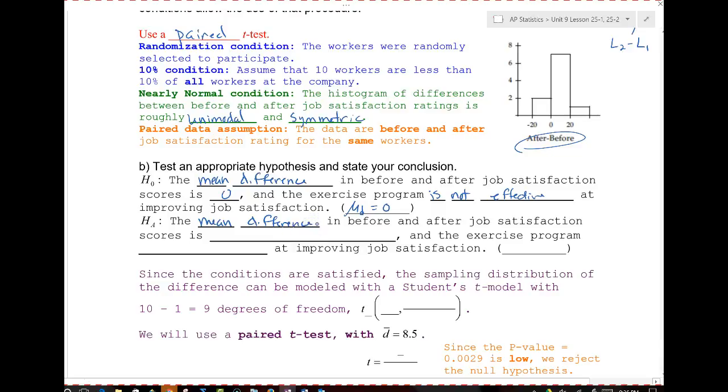The mean of the before and after job satisfaction scores is greater than 0, and the exercise program is effective at improving job satisfaction. So we want the mean to be greater than 0.